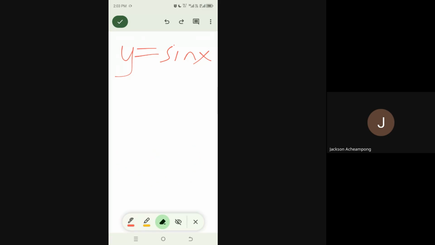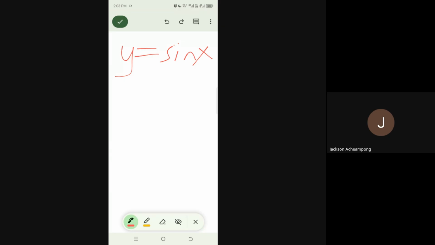We are talking about the inverse of sine. So you have y is equal to sine x. I want to establish something. We want to find the inverse.